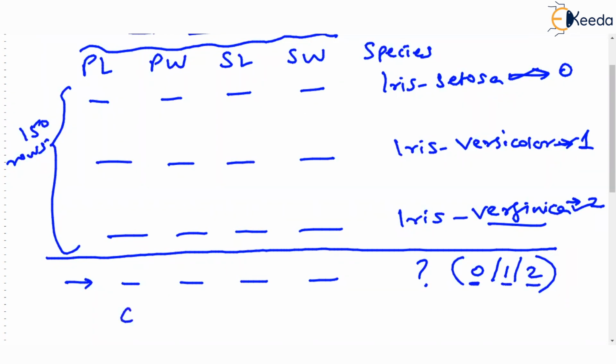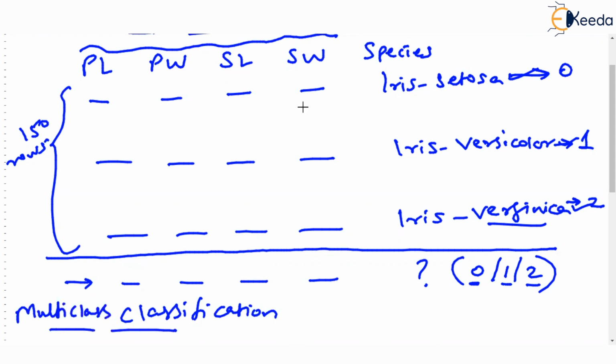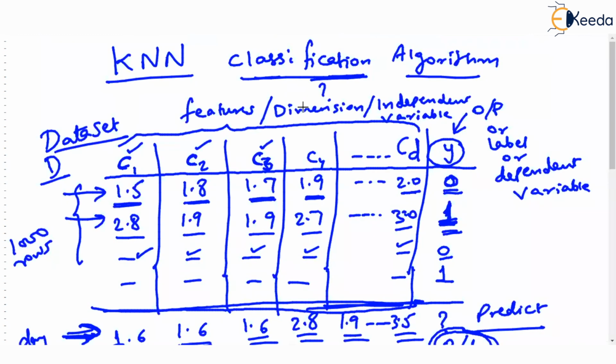This problem is called classification. Additionally, it is known as multi-class classification, because the output belongs to more than 2 classes. There are 3 classes. Here the problem is multi-class classification, whereas the earlier problem was 2-class classification, that's why it is known as binary classification.